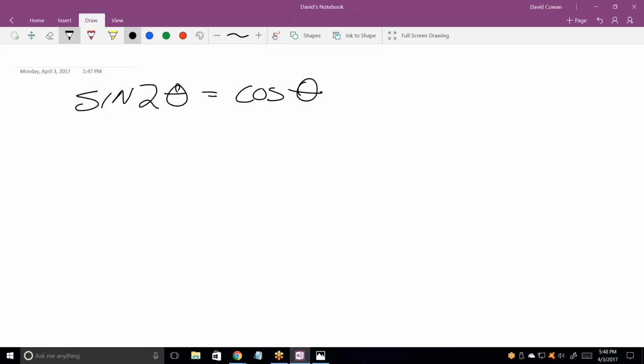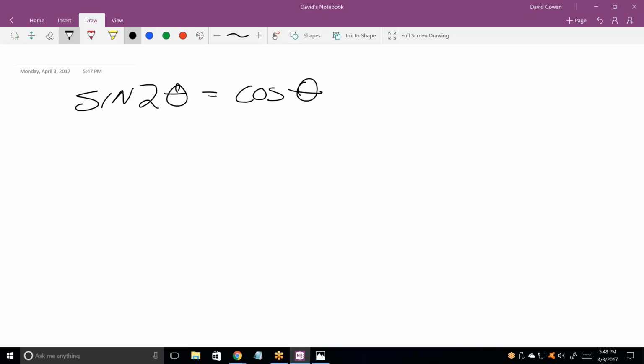So, when you have a trig equation that has two different kinds of trig functions, your goal is to change it so that there's only one kind of trig function. So, what's an identity for sine of 2 theta that has some cosines as part of it?